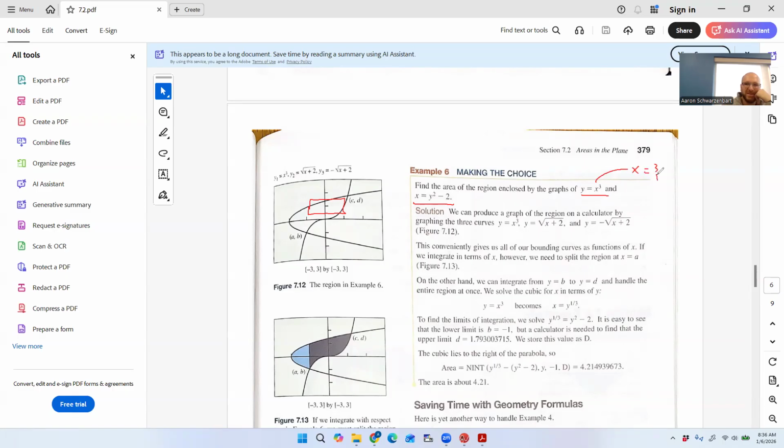So this is going to be x equals cube root of y. So upper comes cube root of y. I guess I'm going to have to graph this on the calculator to find the intersections. I don't know what they are. But it's going to be cube root of y minus y squared minus 2.